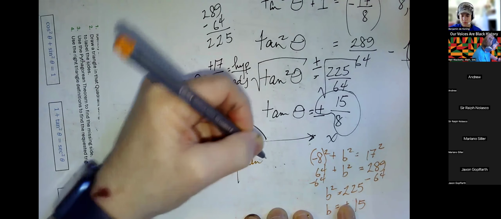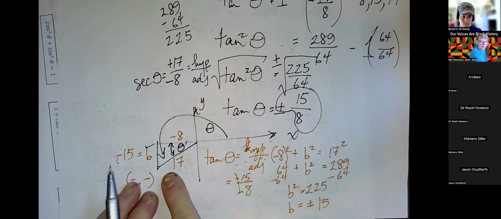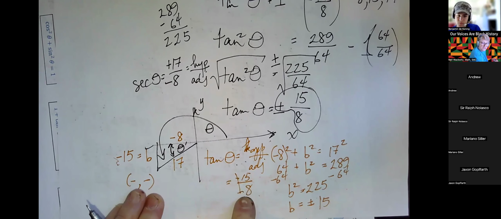And what happens with the negatives? Cancel each other out. So we get the same thing. And we're going through a lot of steps so that you see the connection. But the thing with drawing a triangle is that not only do we now know the tangent of theta, but we know any other trig function of theta if we want it, because we've got all 3 sides of a triangle.